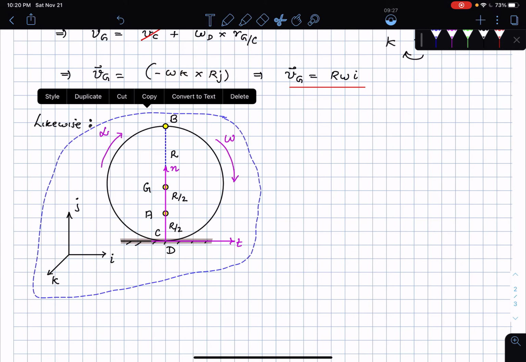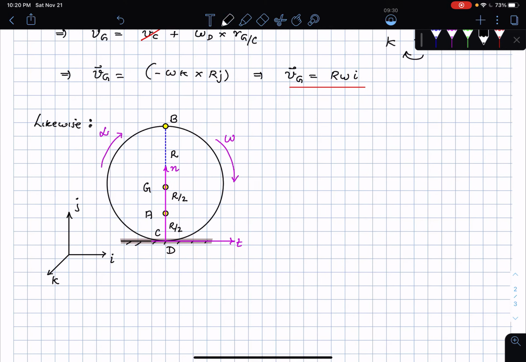If I look at the velocity of A, velocity of A is velocity of C plus omega of the disk crossed with the position vector from C to A. Velocity of C is of course 0, so velocity of A is just going to be R by 2 omega in the I direction. This is something that you obtain.